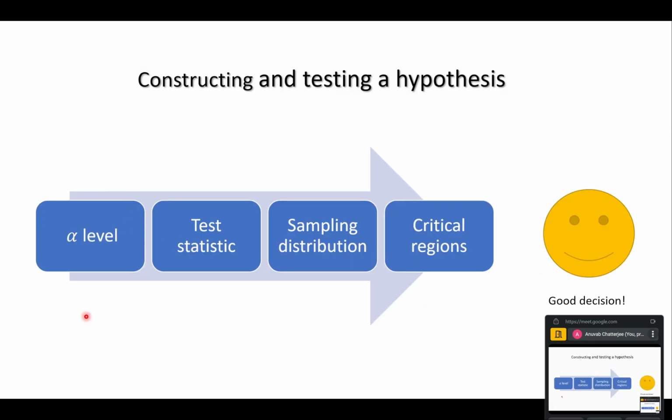So first you take an alpha level, then you decide what you are trying to test, the test statistic. Depending on the statistic, say here we are taking the example of marks of all the students, you make a sampling distribution, and then you look at the critical regions, and after all of this you decide if you want to reject or accept the null hypothesis.